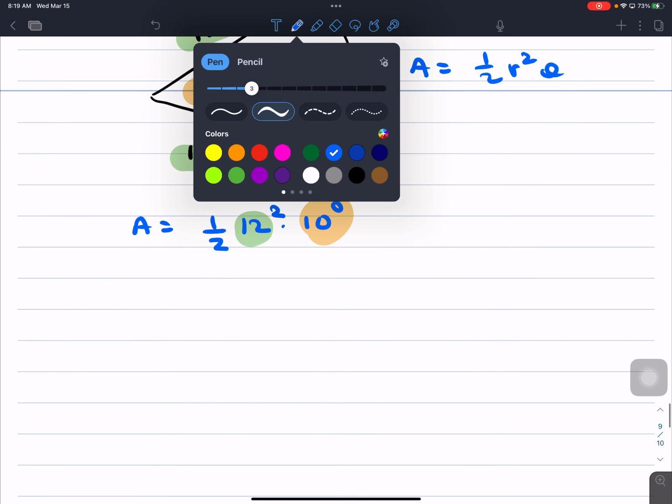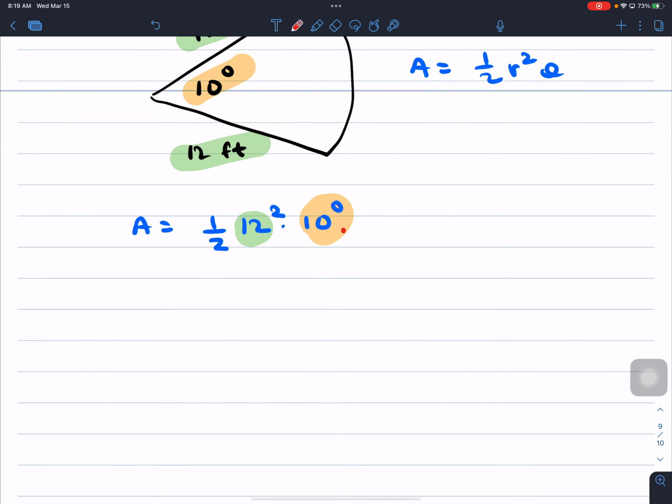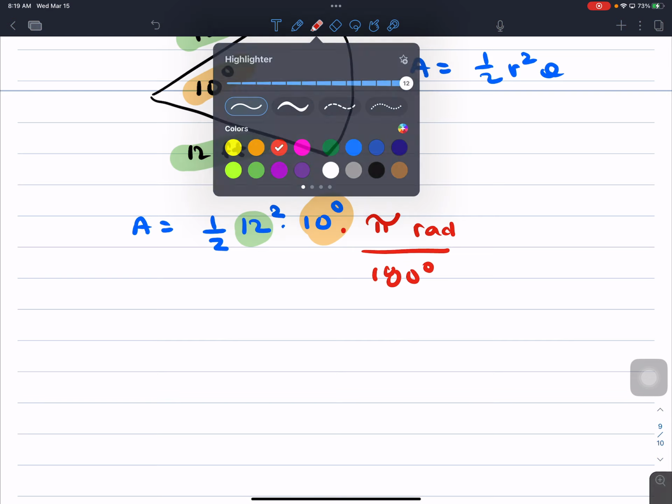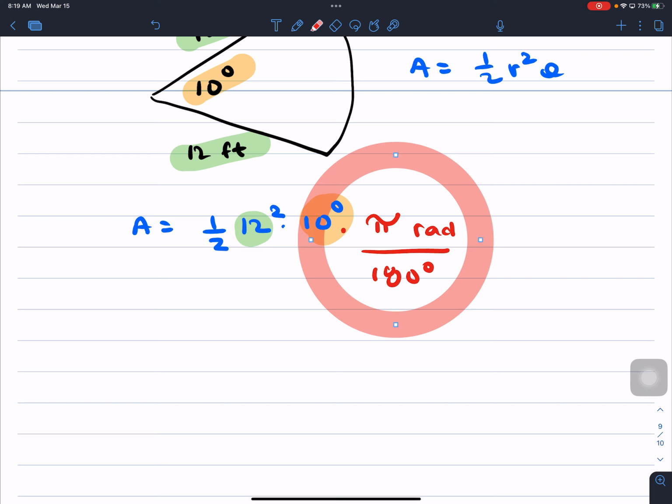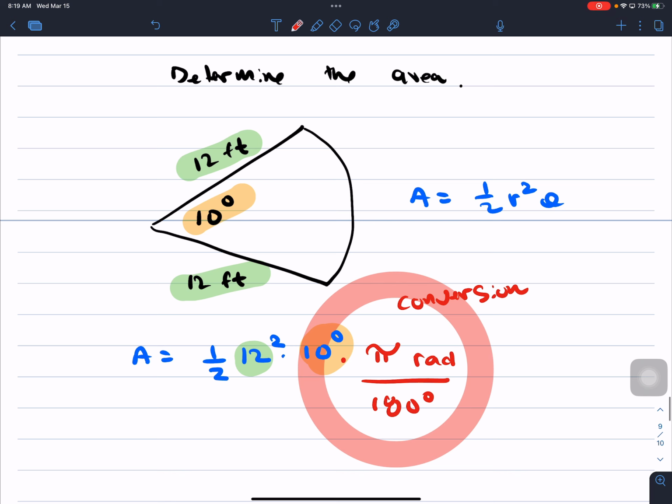So what do we do with that angle? You multiply it by what? Pi radians over what? 180 degrees. Isn't this portion here, what am I referring to in this portion right here? This is your what? Isn't that your conversion to radians? Okay, you guys see what I'm saying? You want to convert that to radian measure.